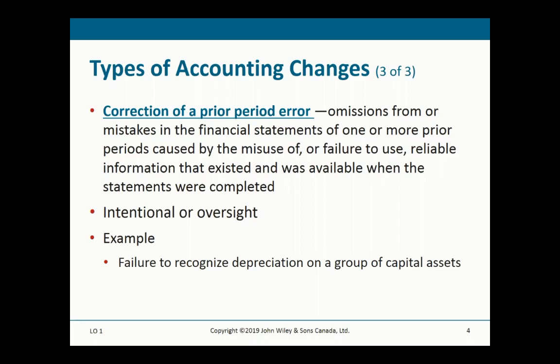So it could be intentional or it could be an oversight. An example would be failure to record depreciation at all. That's something that's clearly an error that's been made, and that would meet the definition to correct a prior period error.